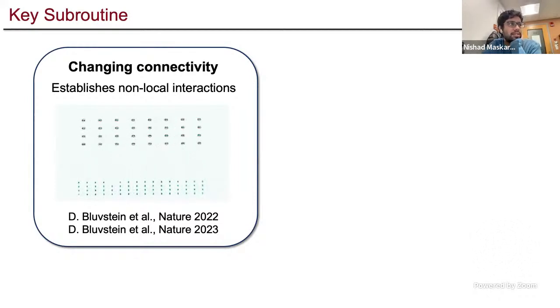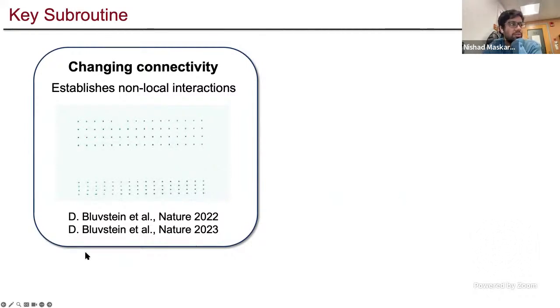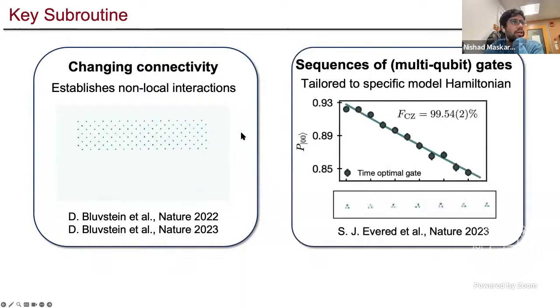The first is this ability for neutral atom arrays and other quantum processors to dynamically change their connectivity in the middle of a computation. In particular, recent work from our group has shown how atoms can be coherently transported in the middle of a quantum computation in order to essentially change which atoms talk to each other dynamically. And this is going to be a very powerful tool for establishing non-local interactions.